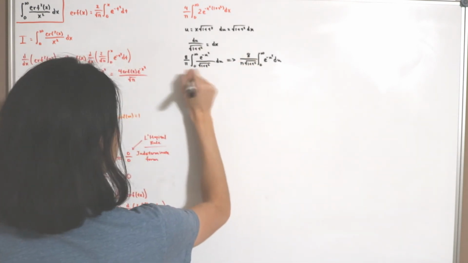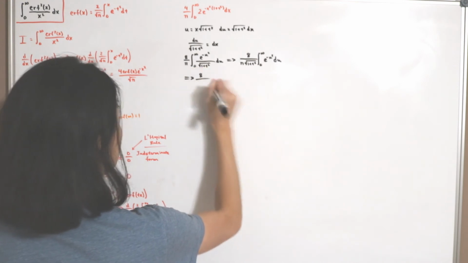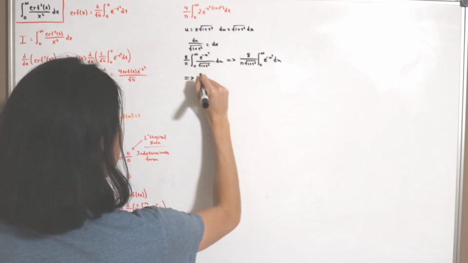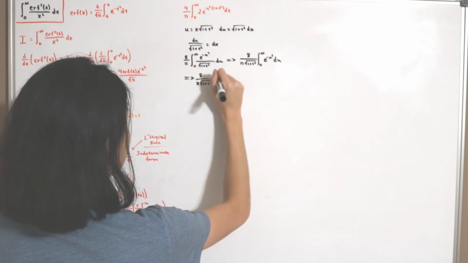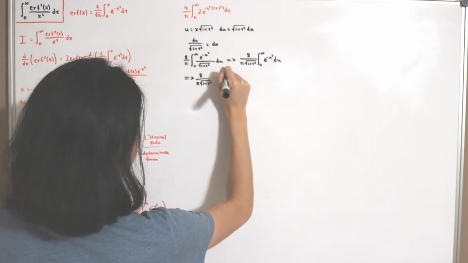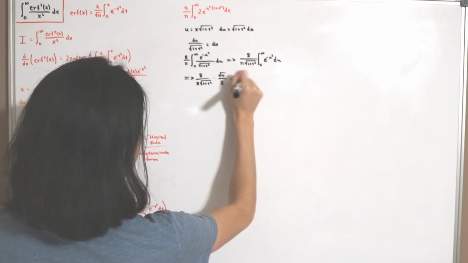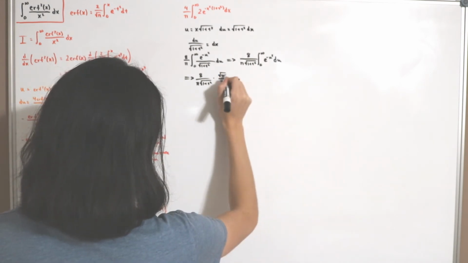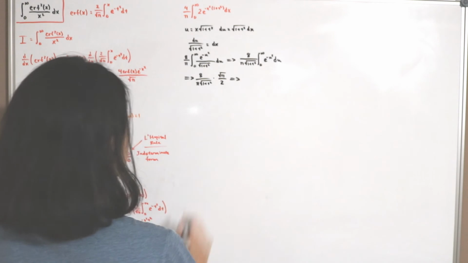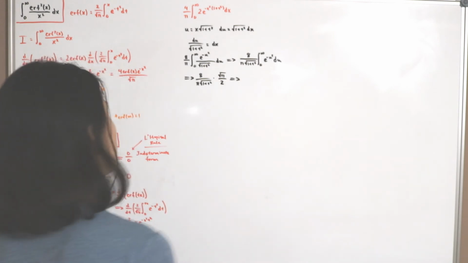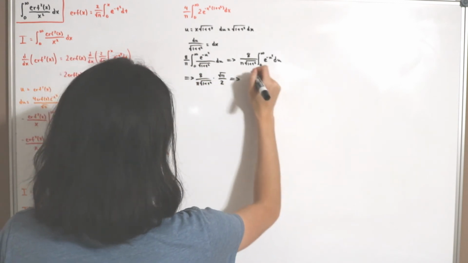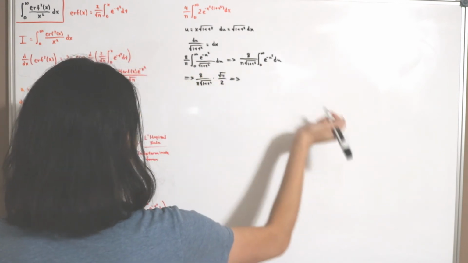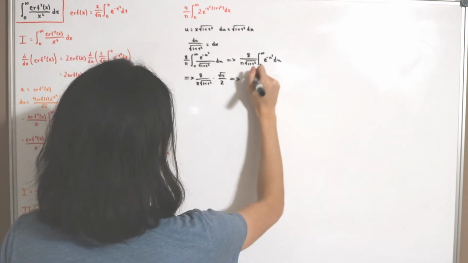So therefore, this is just 8 divided by pi, I'm just rewriting what we have from earlier, times the square root of 1 plus t squared, then multiplied by the square root of pi divided by 2. So we clean this up: square root of pi divided by pi. We just use our rules of exponents, so that means it's just pi to the power negative 1/2. That's the square root of pi in the denominator, and then you divide 8 by 2, so it's 4.